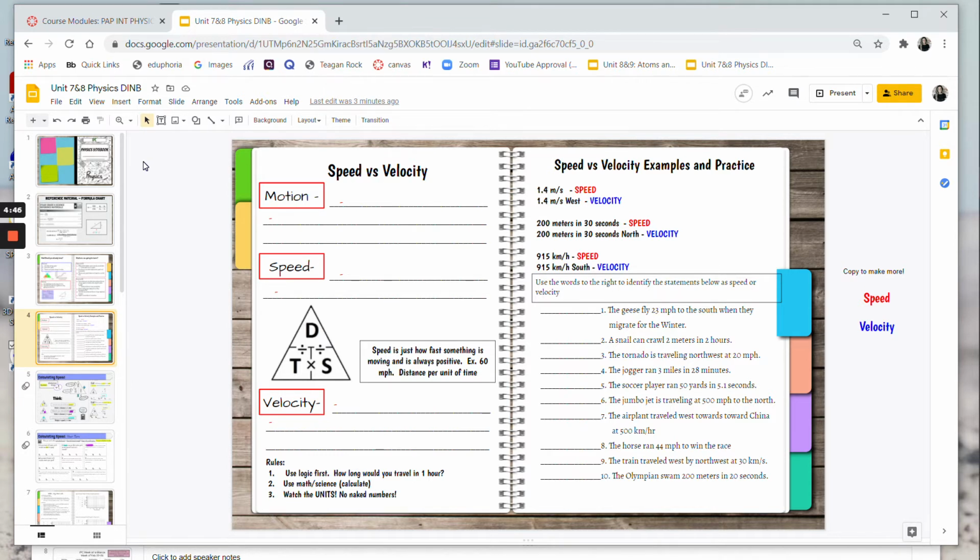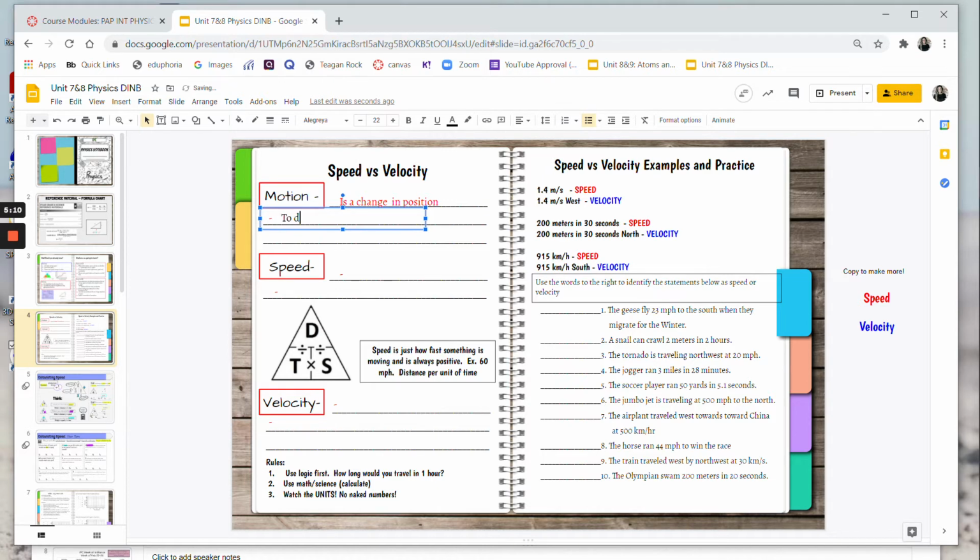Okay, to describe the motion, you need to measure the distance and the time. So motion could be how fast or how slow something might be moving. So motion is a change in position. Okay, you're changing your position from one to another.